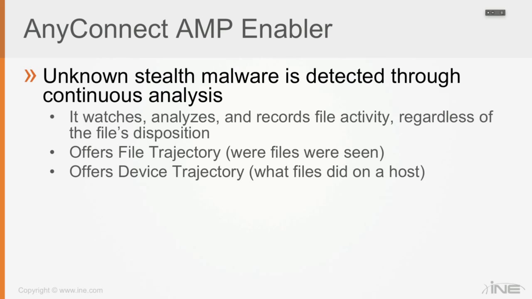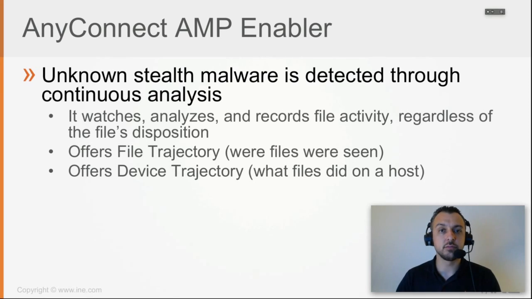That's the file trajectory. And device trajectory is going to show you what the file did on the host. Exactly as I told you, it's going to show that today the file was downloaded, it kept silent, and 25 days later it started doing something weird. So it's going to give you all of that information, so that in the end, it's going to detect that it's a kind of malware.